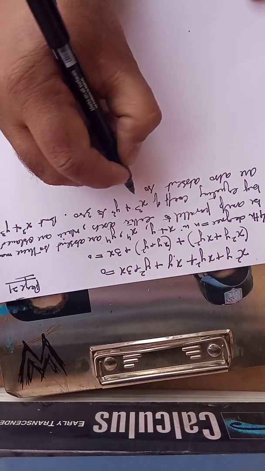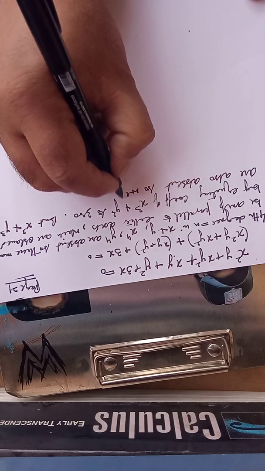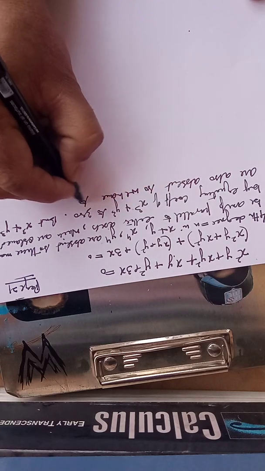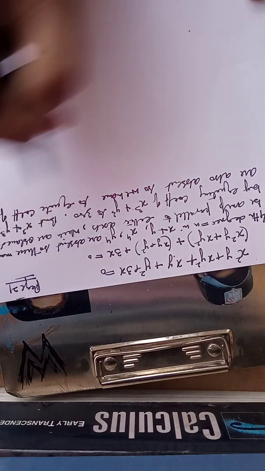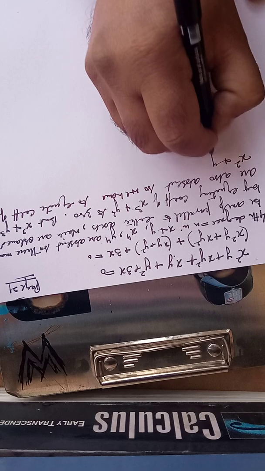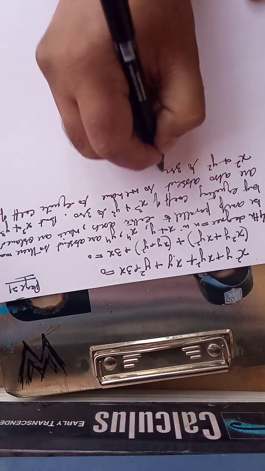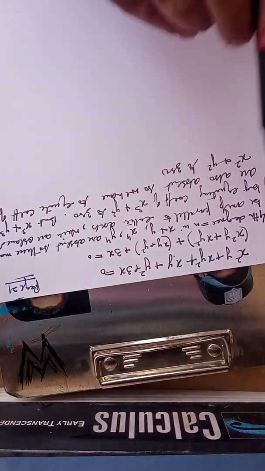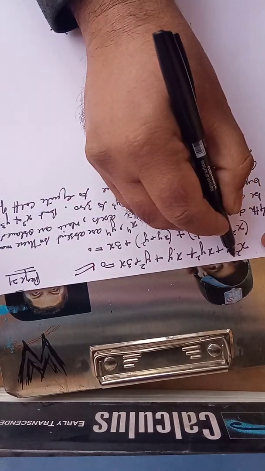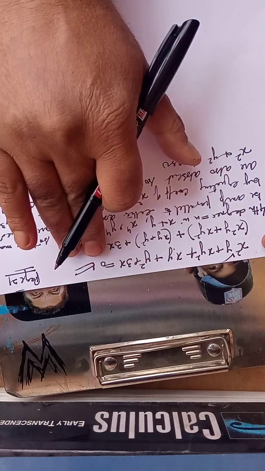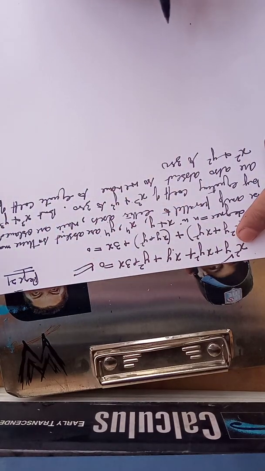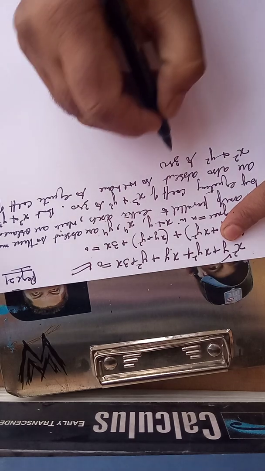So we have to equate coefficient of x square and y square to 0. Now, coefficient of x square, see here, this is the question. There is no x square here. So, what is the coefficient of x square? It is y.